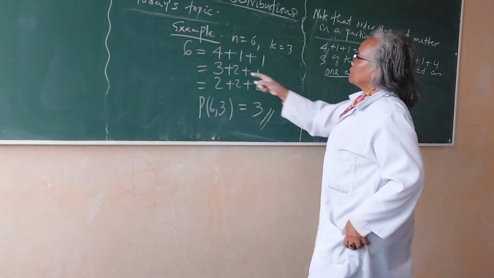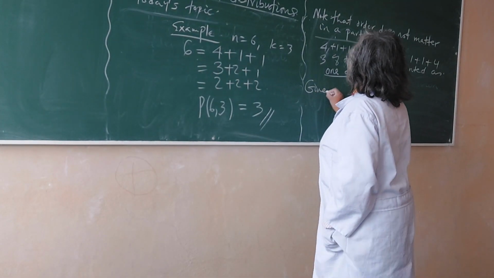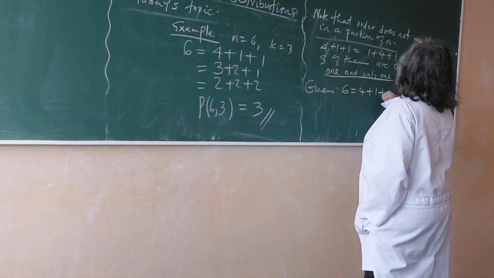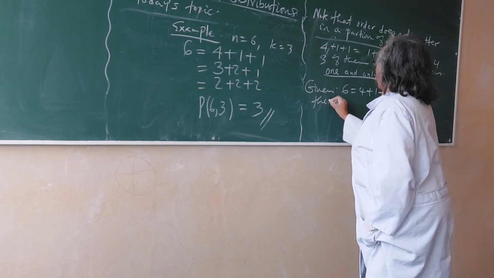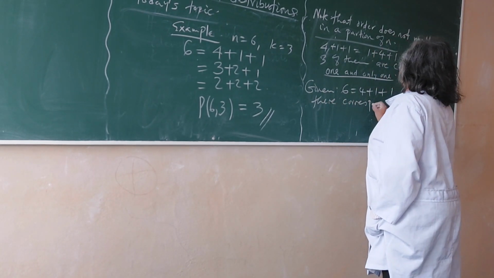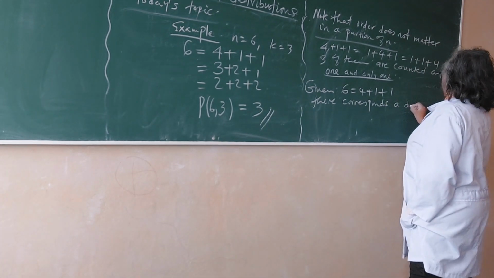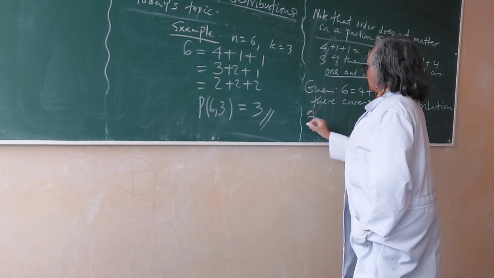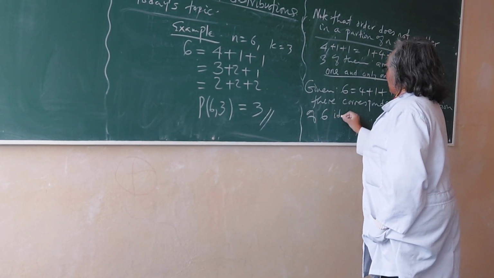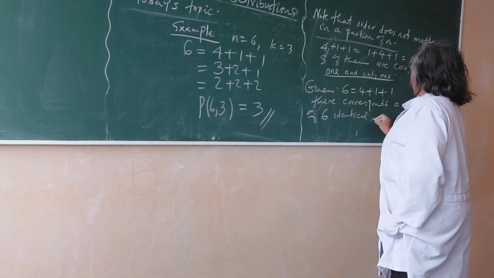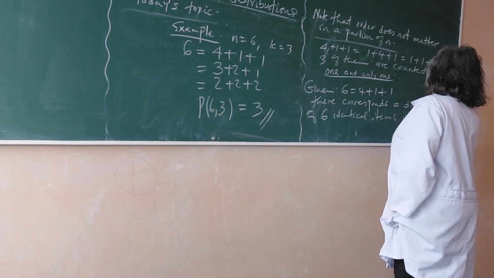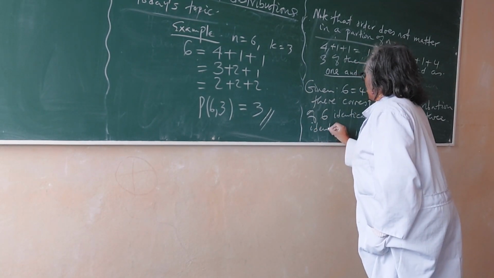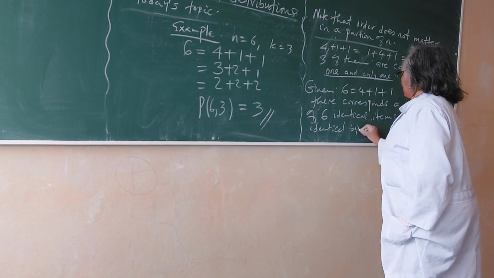Good. Therefore, given 6, which is 4 plus 1 plus 1, there corresponds a distribution of 6 identical items into 3 identical boxes.